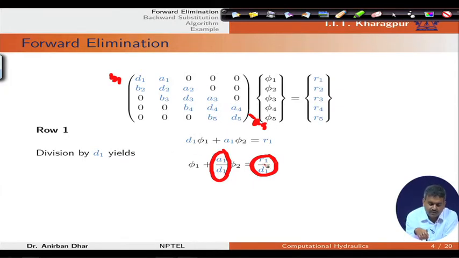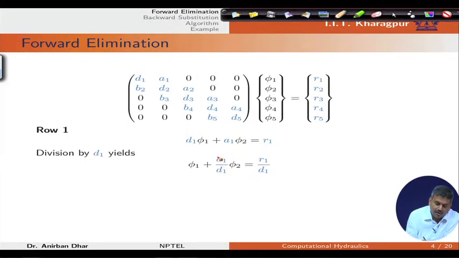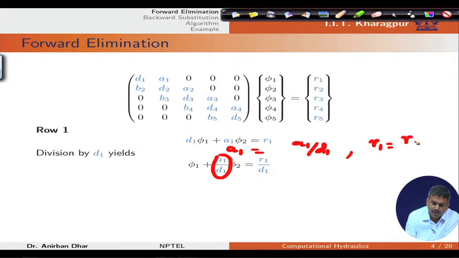So, in the first case we can define it with a new variable, otherwise we can store A1 equals A1 divided by D1, and R1 equals R1 divided by D1.